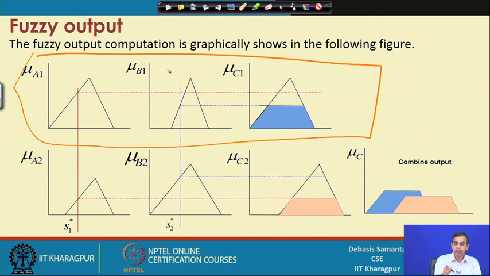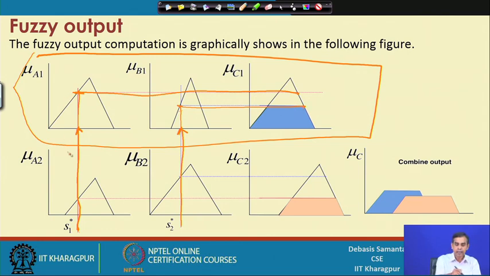For particular values of the two inputs, S1 and S2, these are the membership values for the first input and for the second input that we have already calculated. Now, if we draw a line joining these and parallel to the horizontal axis, it cuts here and here.